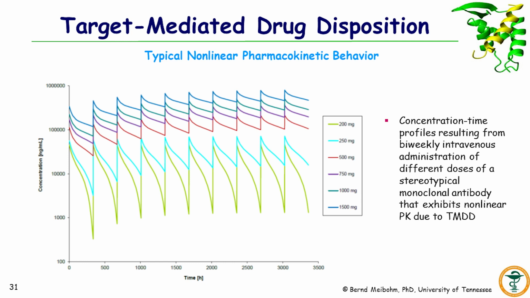That's shown here for the 3 highest doses. Once you get to concentrations at the lower doses, where you get out of the saturation range for the target-mediated process, you get very rapid elimination at lower concentrations. And that is shown here in the drop, especially of the light green curve at the end of each dosing interval. So nonlinear pharmacokinetic behavior due to target-mediated drug disposition.